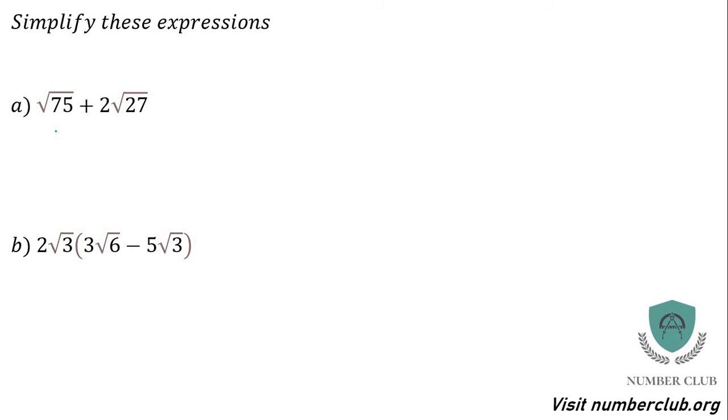The square root of 75, we know the highest square factor. Those square factors, by the way, were 4, 9, 16, 25, 36, 49, 64, 81, 100, and so on. Square root of 75, well, the highest square factor was 25 times 3. Square root of 25 is 5.